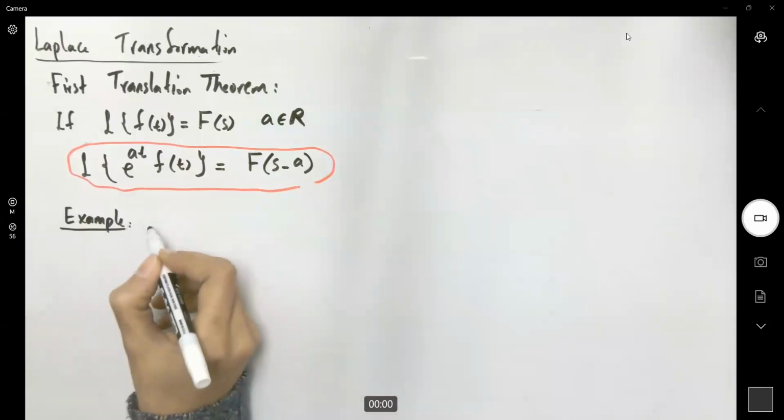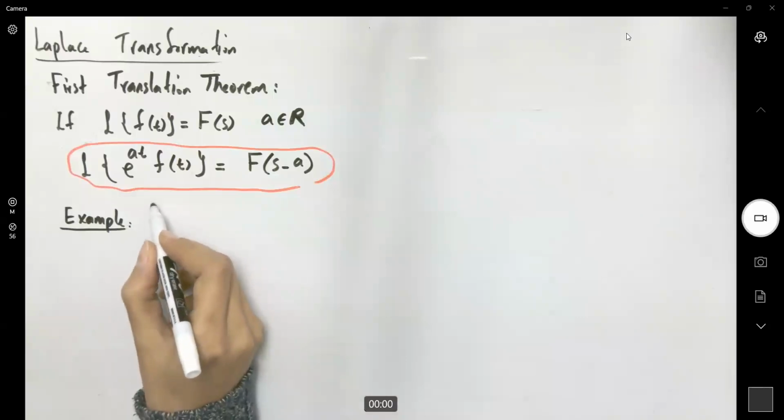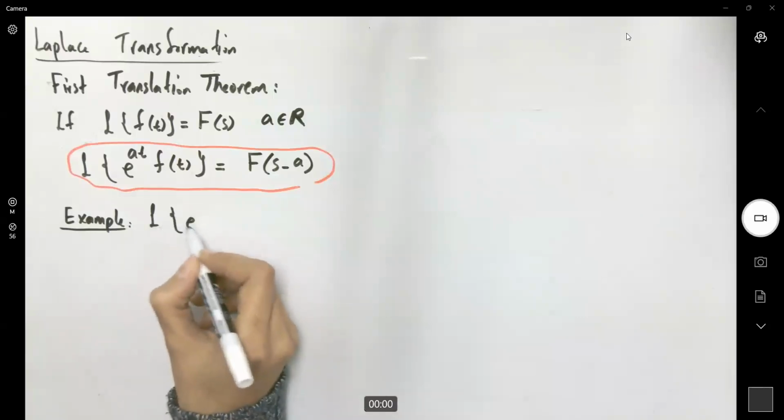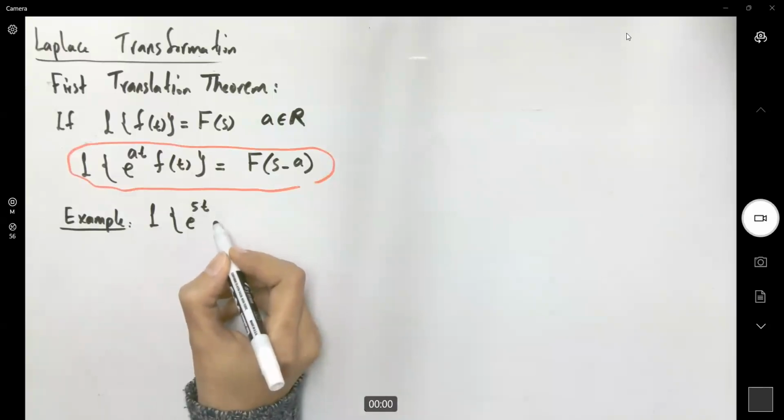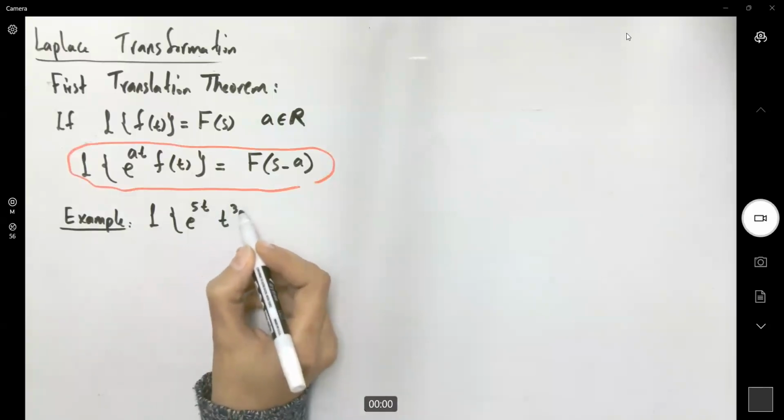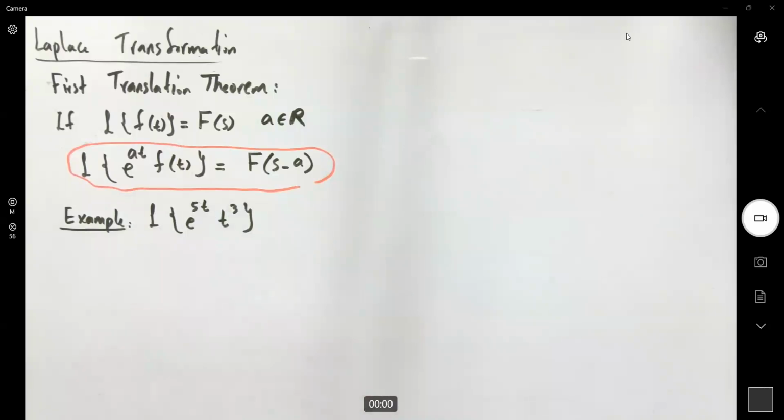Example: evaluate the Laplace of e to the 5t times t cubed. Well, what do we know?